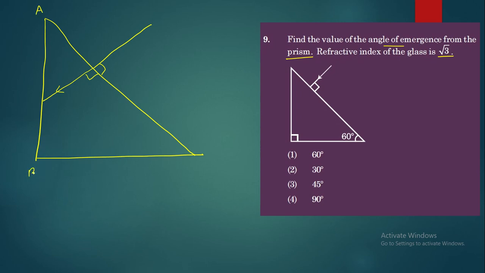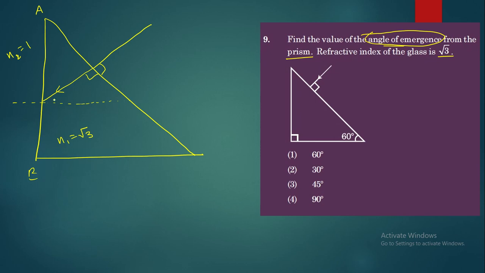Now since we are supposed to calculate the angle of emergence, what is the angle of emergence first of all? Now when the light will strike this particular surface, let the surface be AB, then what will happen? It is going from the denser medium, let's say this medium is equal to square root of 3, and the outer medium is not mentioned, therefore I have to consider the outer medium to be 1.